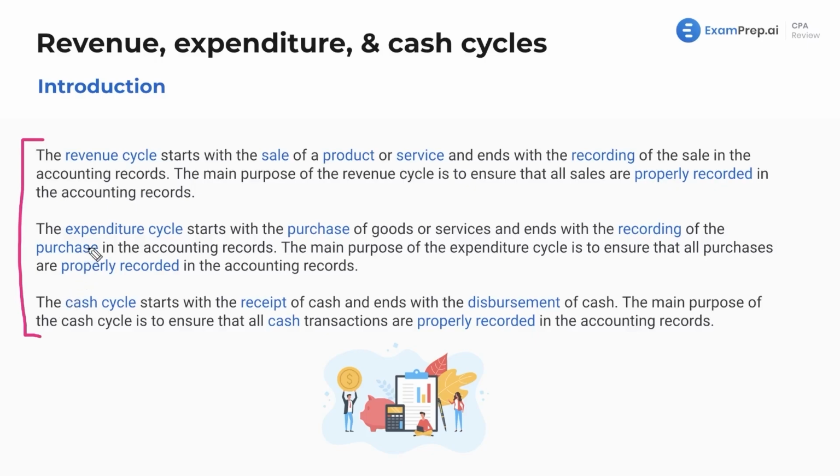Let's reiterate the point here that I want you to keep all three of what we see here in mind throughout the entire lesson. The three goals of our lessons on these cycles are to make you an expert at differentiating between the different assertions, so understanding the difference between existence, rights, and accuracy and valuation.